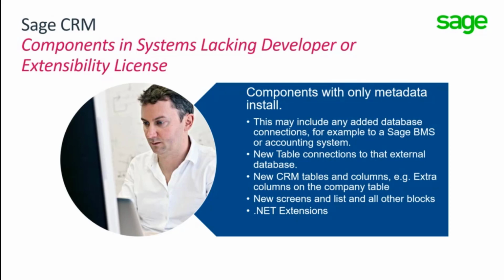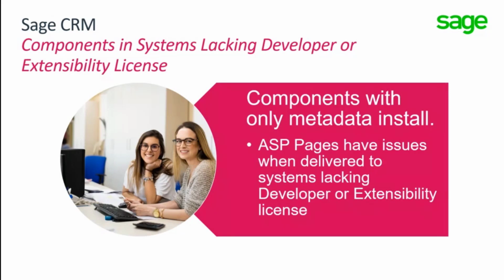The problem occurs with licenses and customizations with ASP pages. So ASP pages are unique in that they have issues when delivered to systems lacking developer or extensibility licenses. And this is because ASP pages use something called include files.